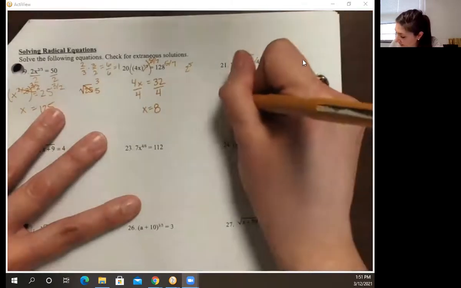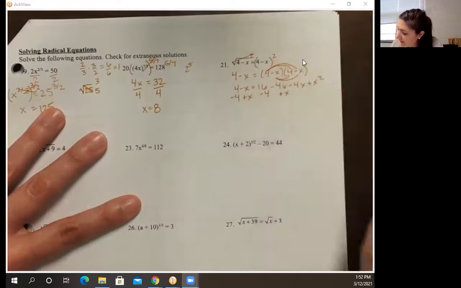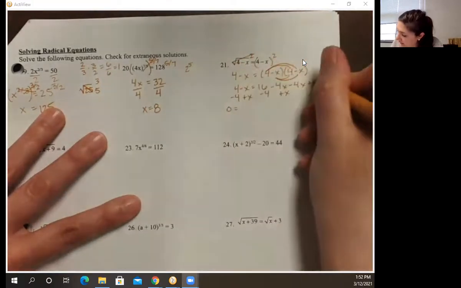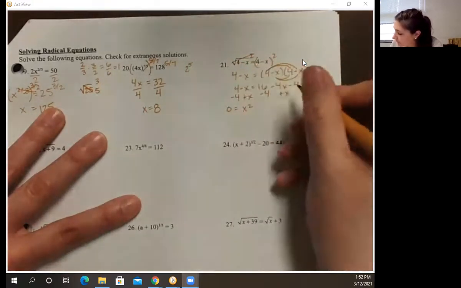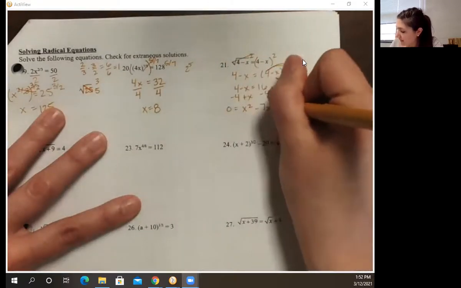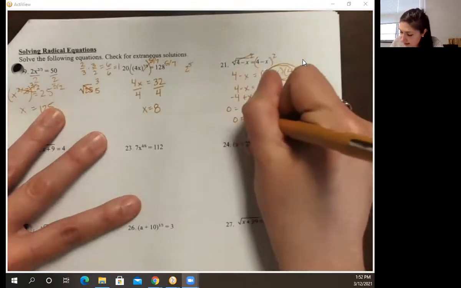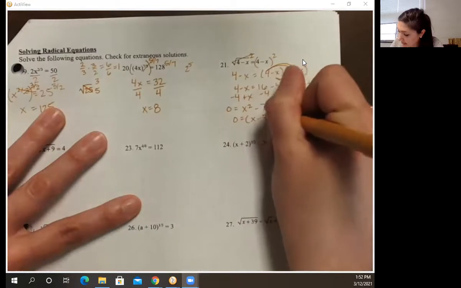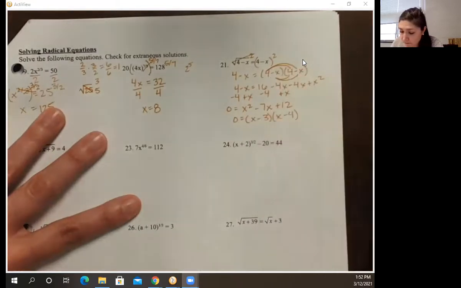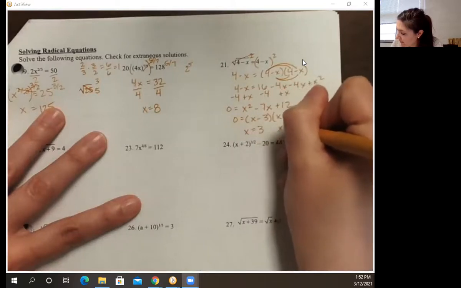So that's why I want everything on the same side and in standard form. So this would be x squared minus 8x minus 7x plus 12. So when I factor this, I get x minus 3 times x minus 4. And for my solutions, I would get 3 and 4.